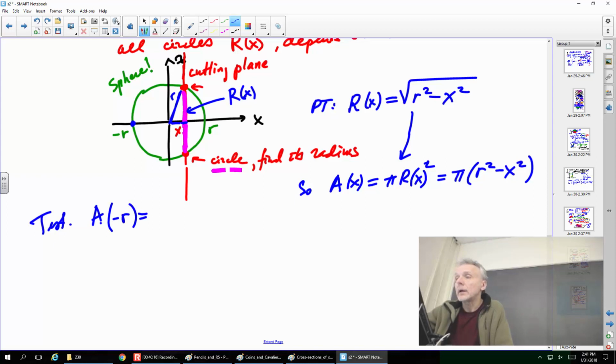Look at it, substitute in the formula on the right. If x is equal to negative r, what do I get? It is 0, and the same thing on the other end. A of r is also equal to 0, so we're getting what we want. We can also verify that A of 0 is pi r squared. What does it tell you?